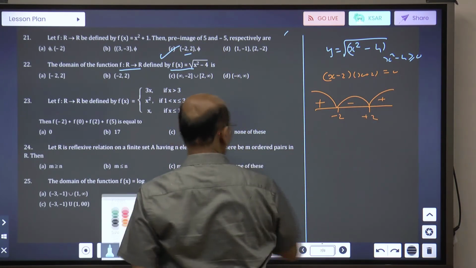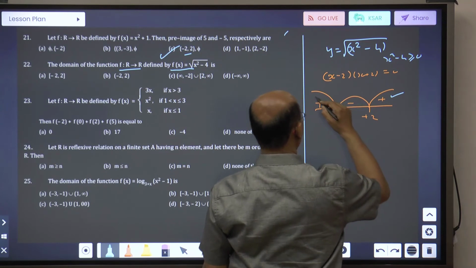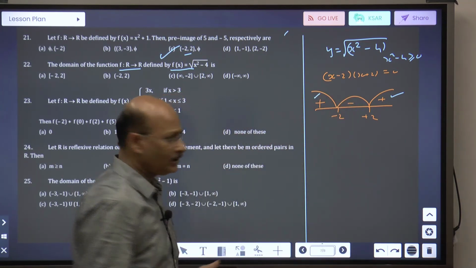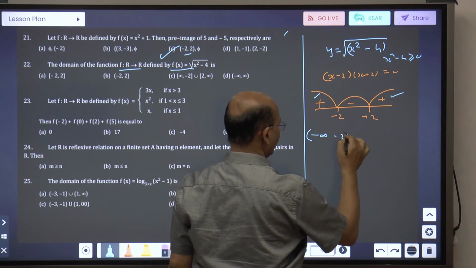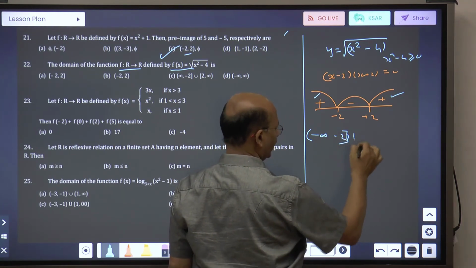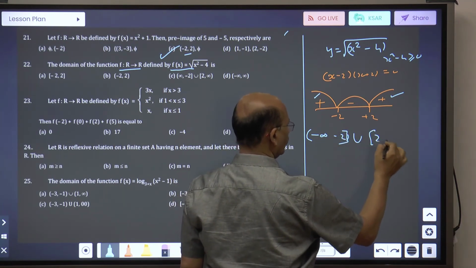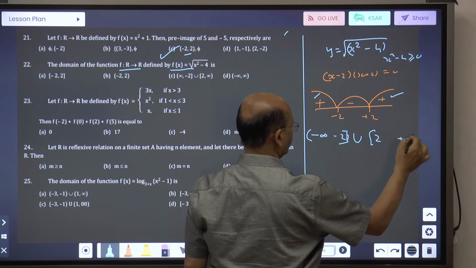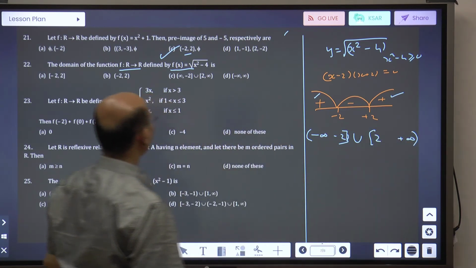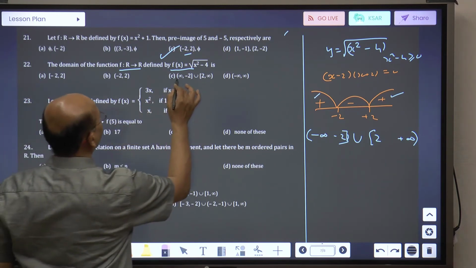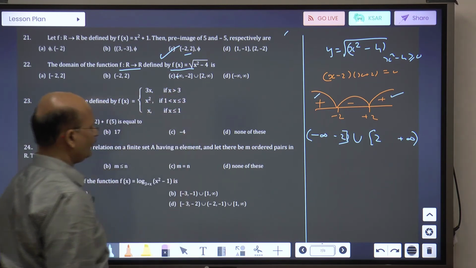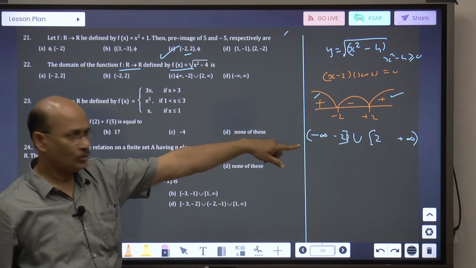So my input will be this interval and this interval. Right? So it is minus infinity to minus 2, and 2 is possible. So union 2 to plus infinity. Check yourself, there is a mistake here, this is a minus infinity sign. So minus infinity to minus 2 and 2 to infinity.